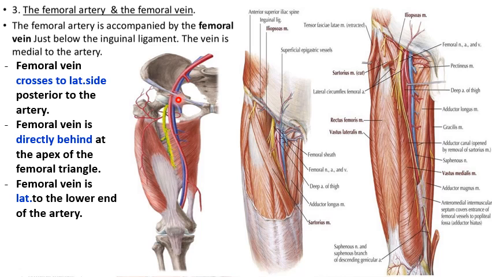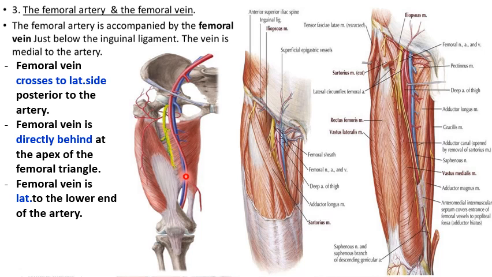The femoral vein crosses to the lateral side, being posterior to the artery, and at the apex of the femoral triangle, the femoral vein is directly behind the femoral artery, and this is the apex.